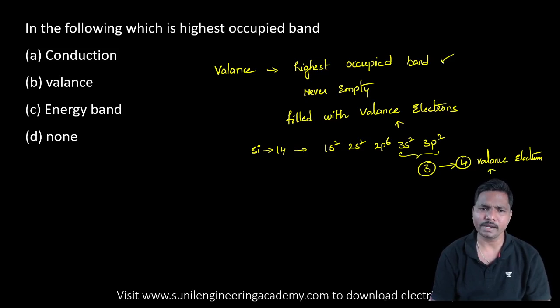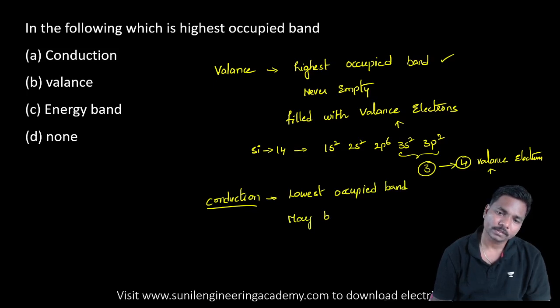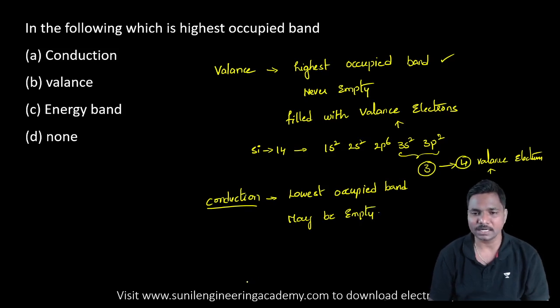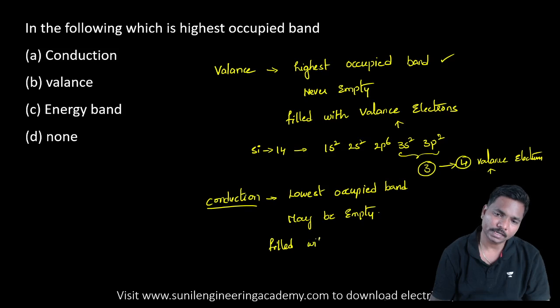It is the highest occupied band. In the same way, the conduction band is filled with conduction electrons. It may be empty, or we can also say it is the lowest occupied band. Very important question, guys. It may be empty. Why? Because some elements may not participate in conduction, so they may not have conduction electrons, the electrons that participate in the conduction.